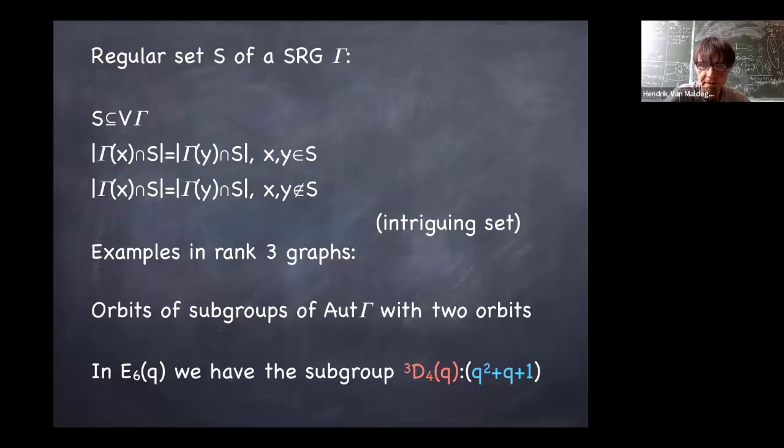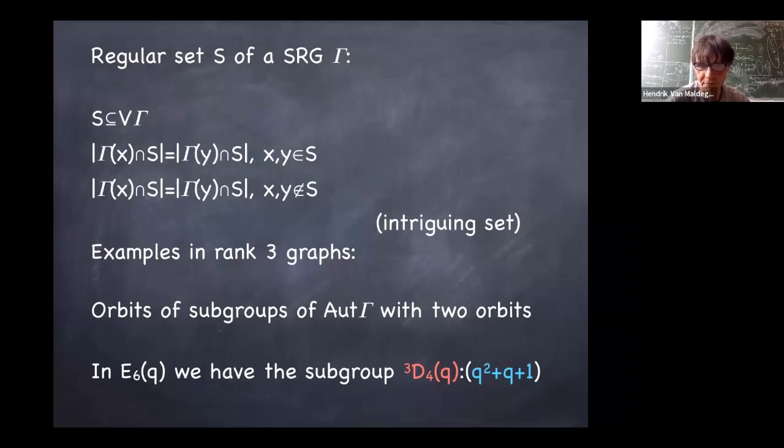And let me briefly explain. So you have the group triality D4(q), that's a group that acts on a generalized quadrangle or a generalized hexagon, and it normalizes a cyclic group of order q^2+q+1. And in fact, that q^2+q+1 sounds very familiar, of course.